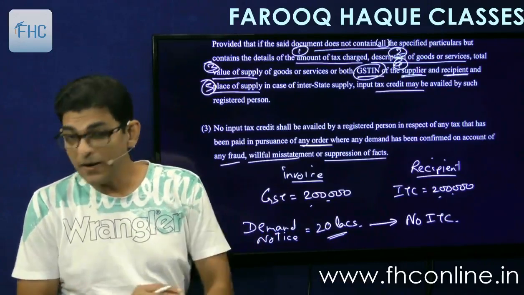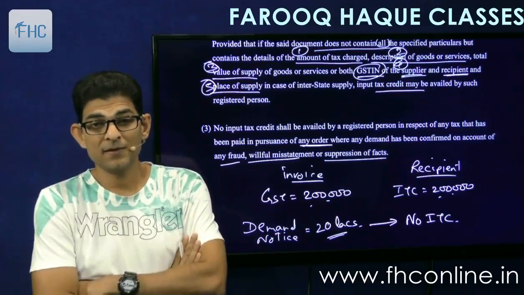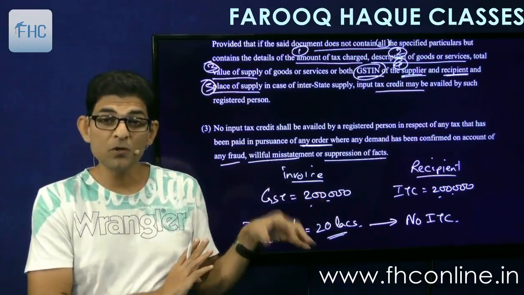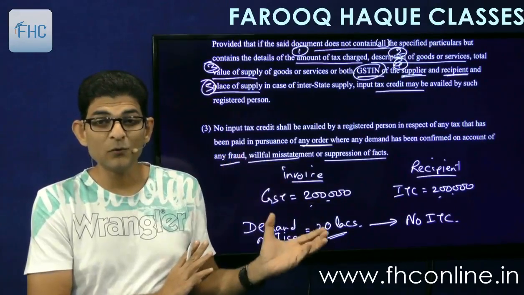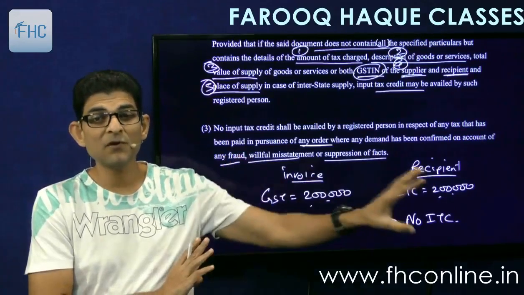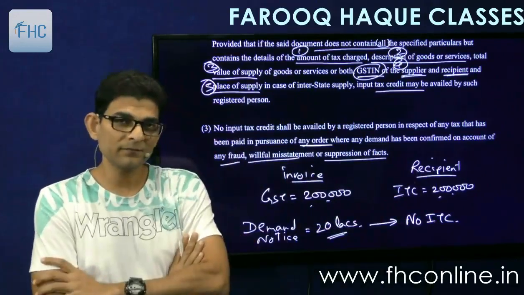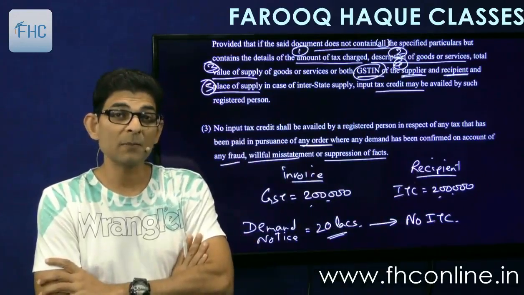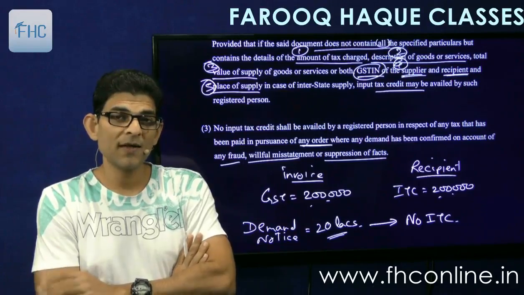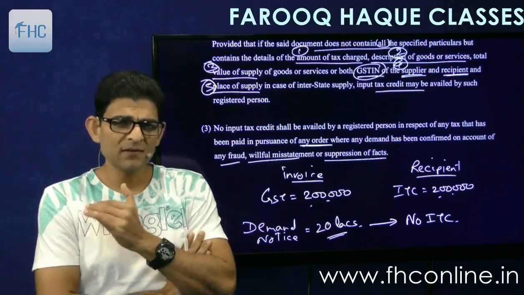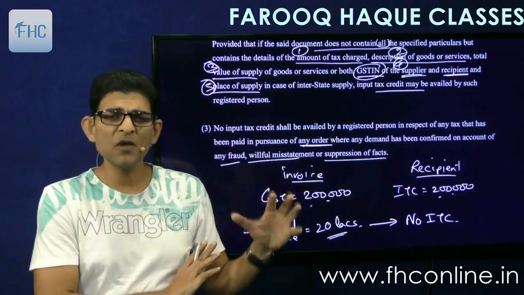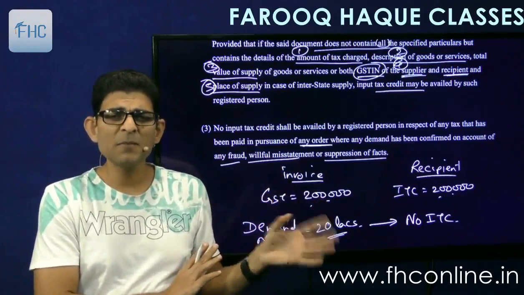He cannot claim ITC. This 20 lakh burden has to be borne by the supplier himself. It will go out of his pocket, and the recipient will not pay him 20 lakhs because he is not going to get any credit. So whose loss is it? Supplier's loss.